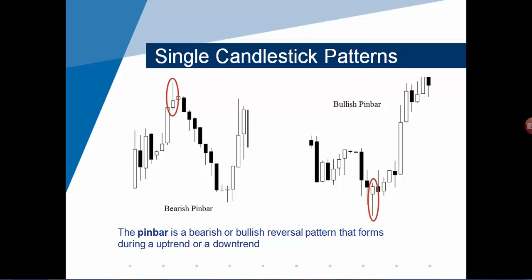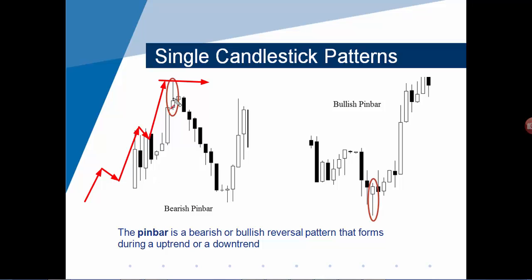So as the market is trending upwards and hits a level of resistance here, we see a price rejection on this candle. This price rejection basically is saying sellers are now taking charge of the market. That's why we got this rejection in price right here. Therefore, it's leaving a long wick behind and a short body.